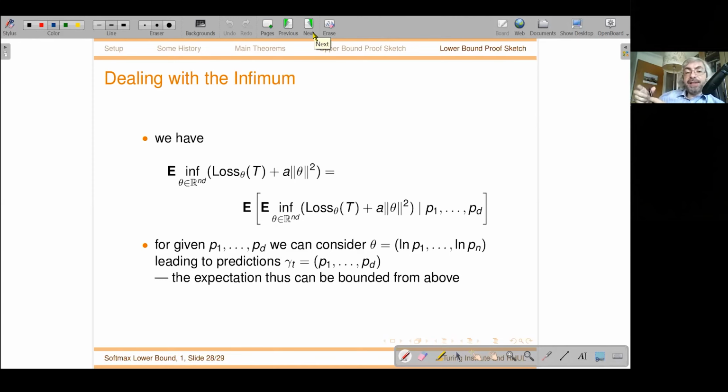And then we need some upper bound on the infimum, and it can be done with a particular feature, which is the vector of logarithms of probabilities, and we bound the infimum from above, and we get the required lower bound.